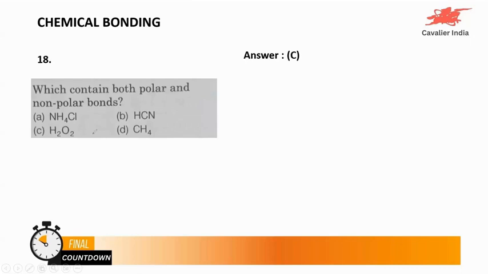Because in H2O2, the two OH bonds are polar, and the OO bond is non-polar. Clear? Any doubt? So H2O2, hydrogen peroxide, is an example of a compound containing both polar and non-polar bonds.